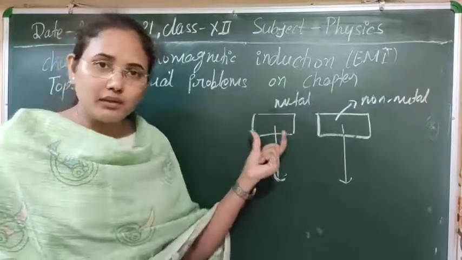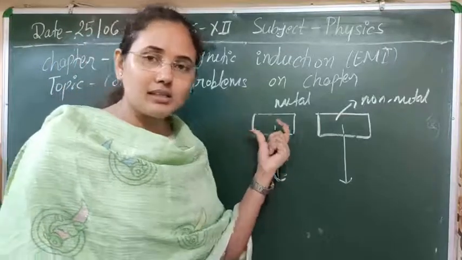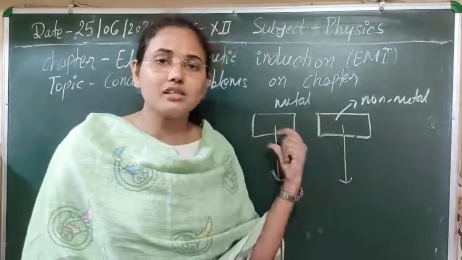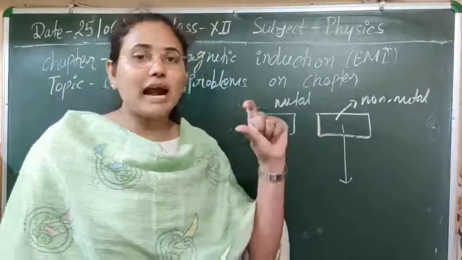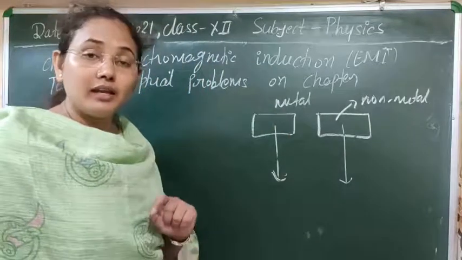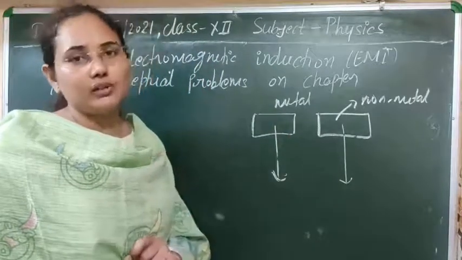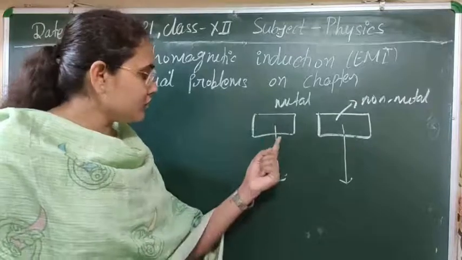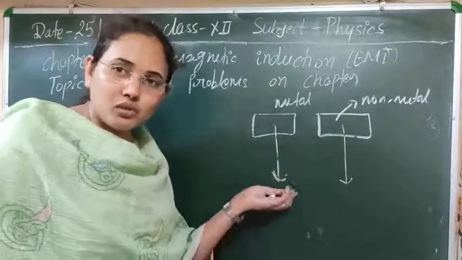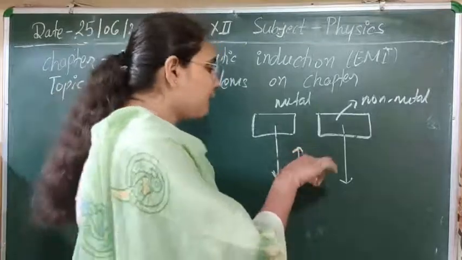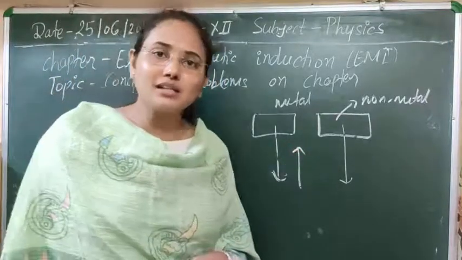So if electromagnetic induction is produced, the induced EMF will always have a direction opposite to the cause of the change of flux. The cause of change of flux is its downward motion, so a force will start to act in the upward direction so that it retards its motion.